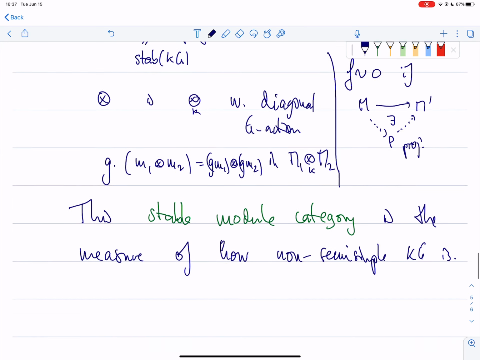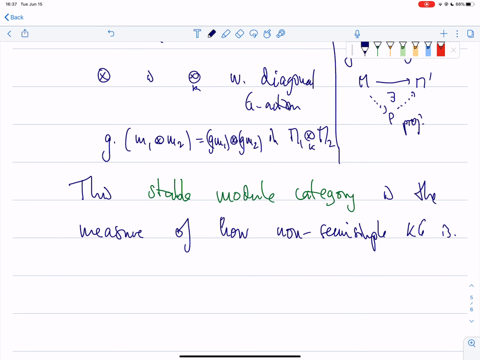Now, of course, it does not recover the group itself, because you could have stab of KG being 0 if p does not divide the order of the group.